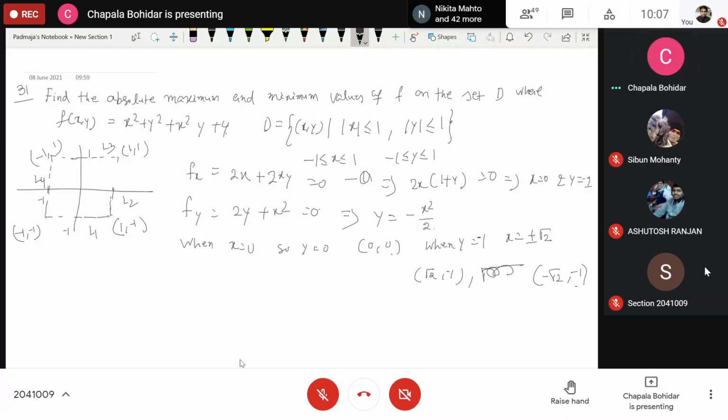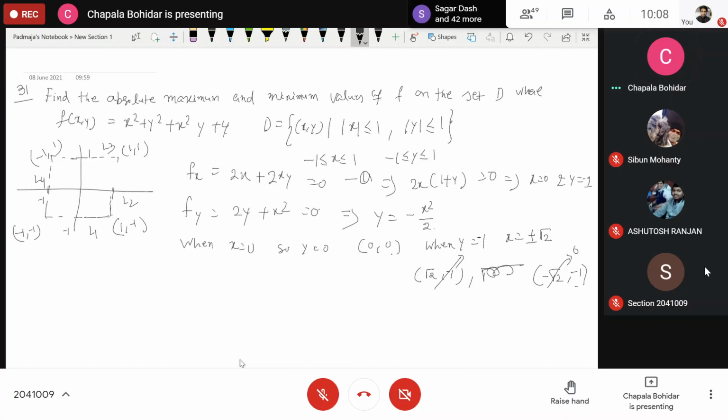But is root 2 inside your domain? What is the value of root 2? Tell me the value of root 2 in your calculator. It is not inside the domain, it is outside the domain, so we exclude these 2 points. Root 2 is outside the given domain, so we cannot consider them as critical points. If you want to write down, write that root 2 is not inside the domain.